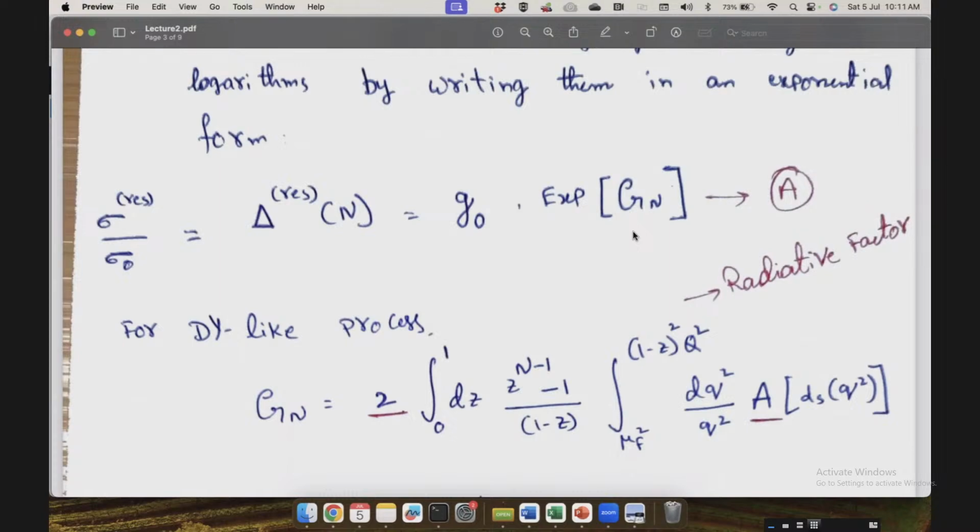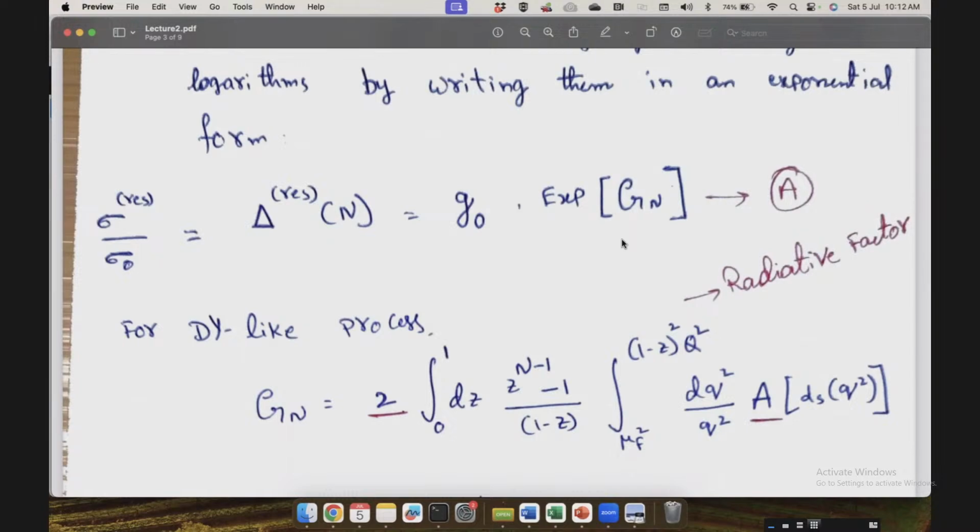Technically, both come under the same category as long as the Sudakov resummation is considered, because both have two colored particles in the initial state. But if you consider a process like e+ e- goes to q q-bar, the situation is exactly opposite: you have colored particles in the final state, but in the initial state you do not have colored particles. If that is the case, this G_N will have a different form.